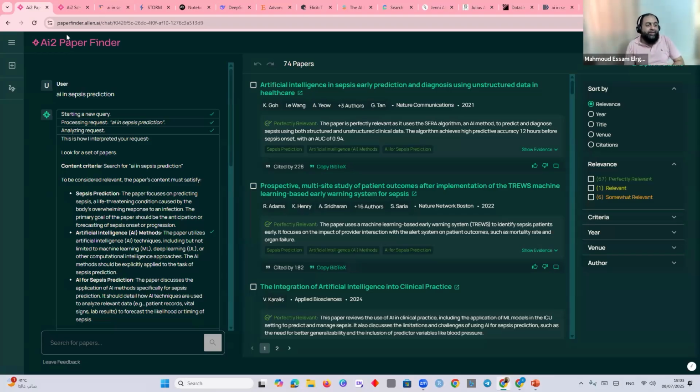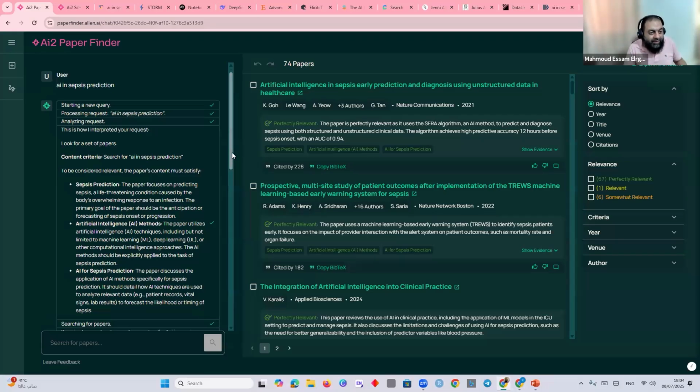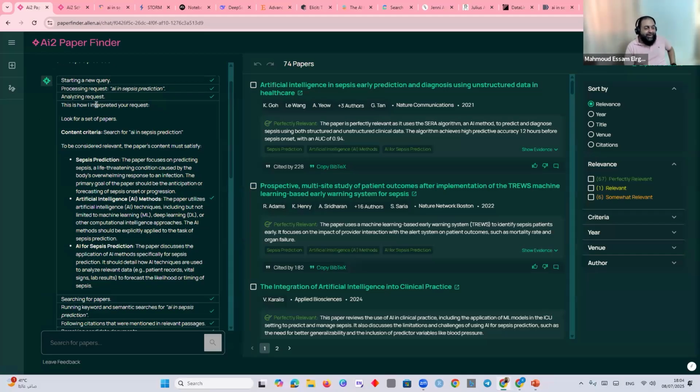In the AI2 paper finder, and again, this is only a paper finder, you can read: starting new query, processing the request, and then analyzing the request, and it will tell you how they are searching. In PubMed, what they are doing is search for the word AI, search for the word sepsis, search for the word prediction.